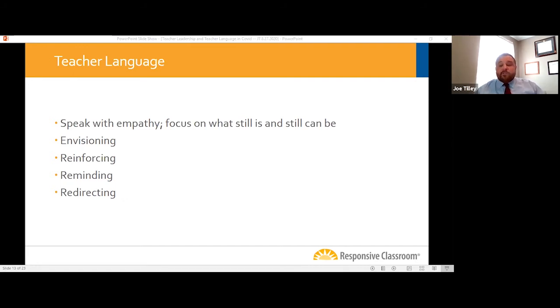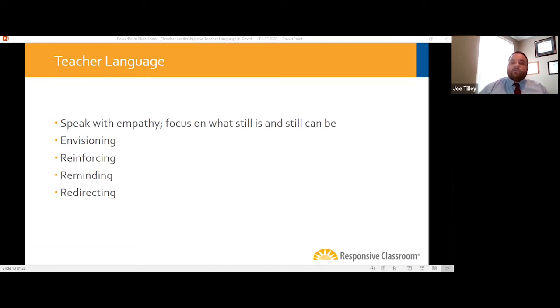I think reinforcing language, and just as a reminder for what reinforcing language is, it's seeing what students are doing well, what is working well, and noticing those things. So for example, we had this little hiccup with the technology, and a really positive way to reinforce that is to say something like, I noticed that we had an issue with technology, but you all came right back on to the meeting and we continued and picked up where we were.